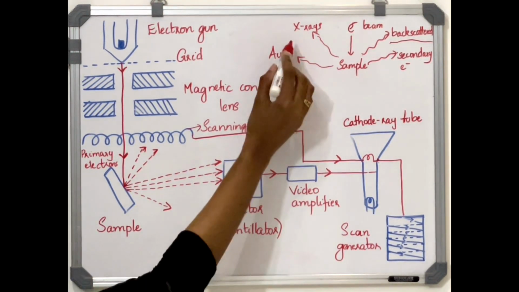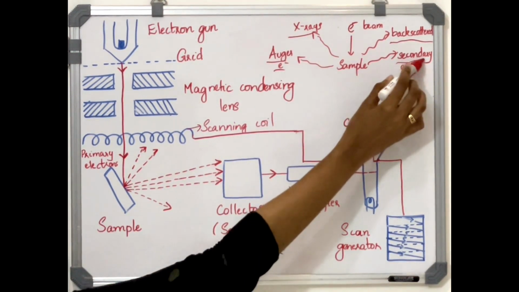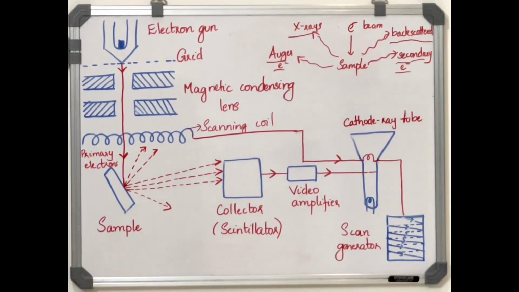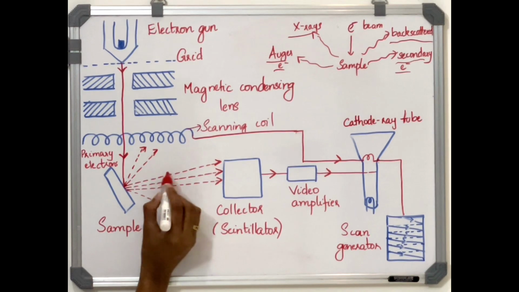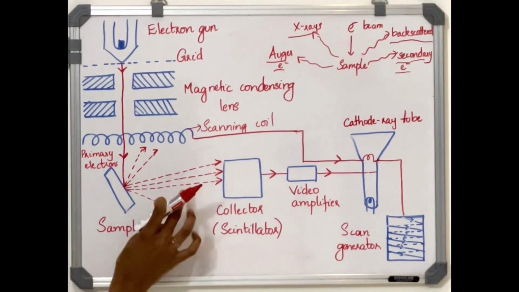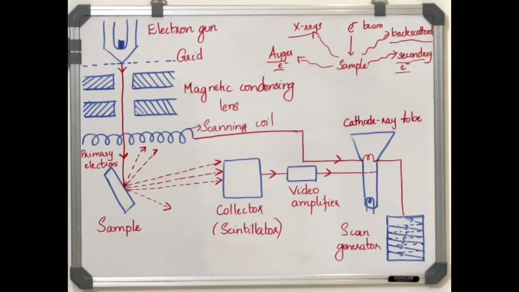Then X-rays, Auger electrons, and secondary electrons will all be emitted from the sample. You can see here, these are the secondary electrons. Secondary electrons are collected by the detector, or the collector.